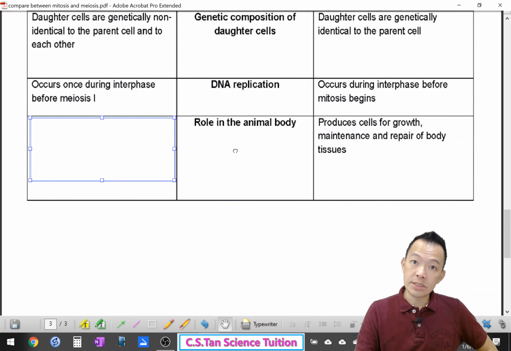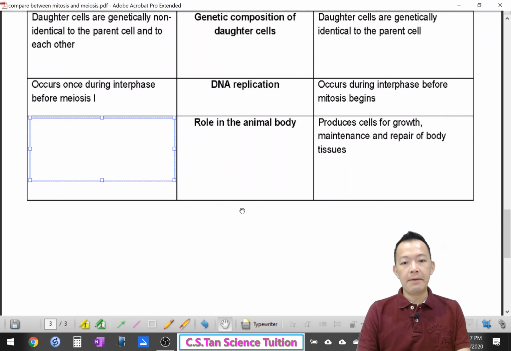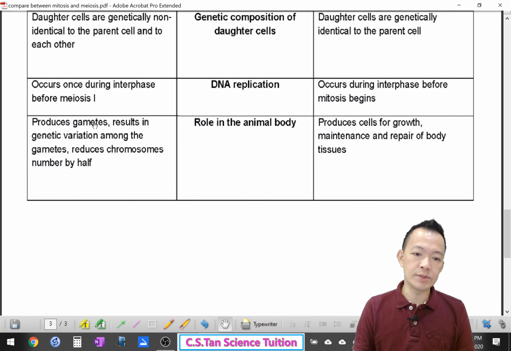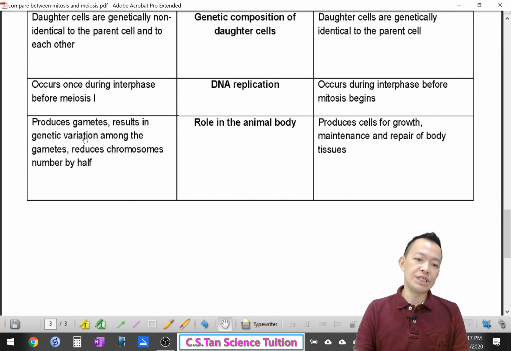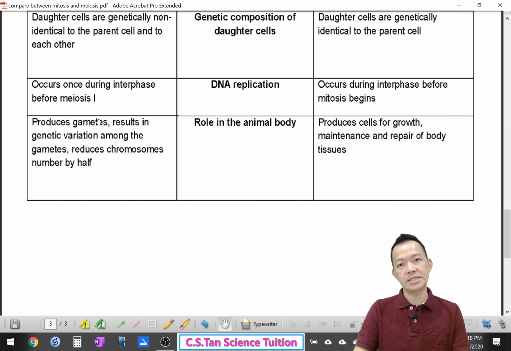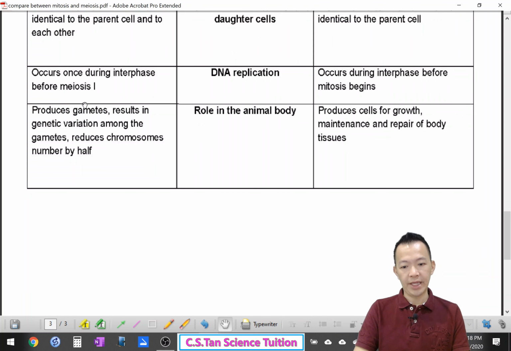How about meiosis? What's its role? Meiosis makes the gametes, sperm and ovum, and results in genetic variation among the gametes. It also reduces the chromosome number by half, from diploid to half-ploid. But the final aim is still to produce gametes for reproduction.